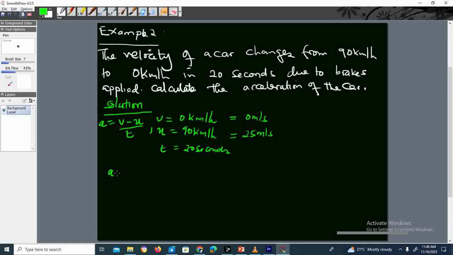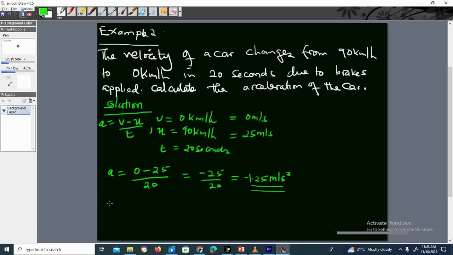So the acceleration is going to be the final velocity, which is 0 meters per second, minus 25, divided by 20 seconds. This will give us negative 25 over 20, which is a value of negative 1.25 meters per square second. This becomes the acceleration.